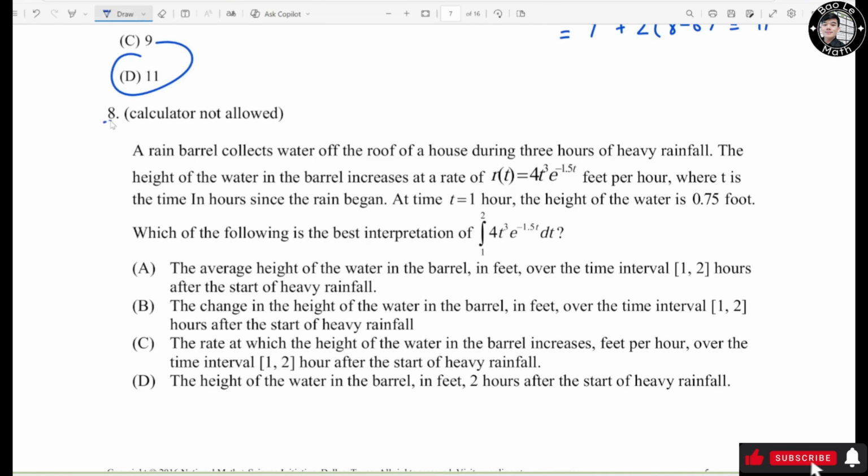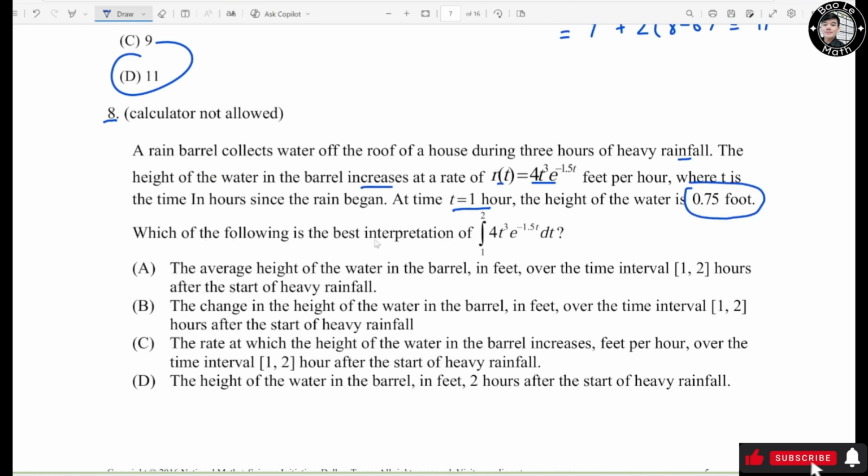Now let's move on to question 8. A rain barrel collects water off the roof of a house during 3 hours of heavy rainfall. The height of the water in the barrel increases at a rate of this guy feet per hour, where t is the time in hours since the rain began. At time t equals 1 hour, the height of the water is 0.75 foot.